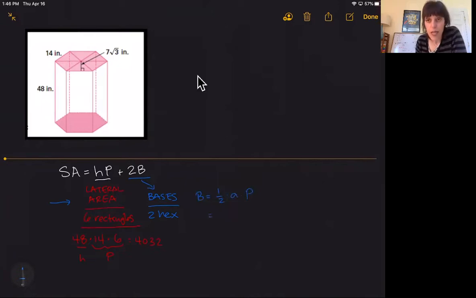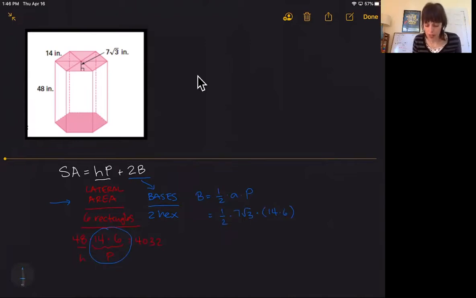And lucky for me, all that information is given, so I don't have to do any special right triangle or 30-60 or trig to find it. So the apothem is 7√3, and the perimeter is 14 times 6. I'll just put it in there like that. And I borrowed that actually from right here. We already figured out that the perimeter was 14 times 6 there.